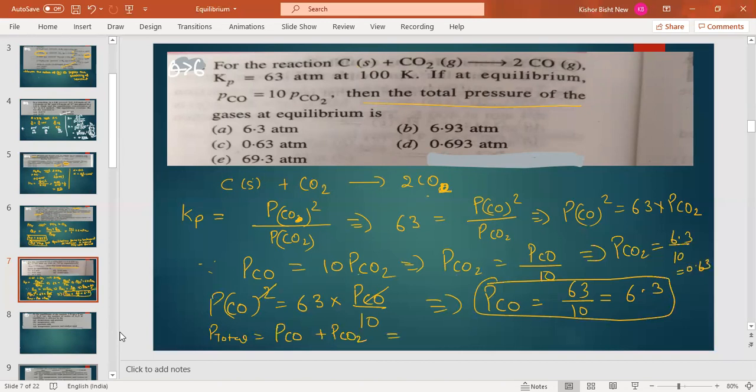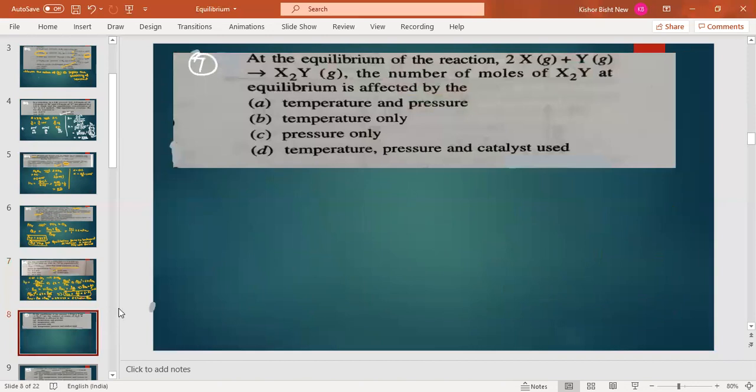So the total is 6.3 plus 0.63, which is 6.93 atm. Your answer B is correct. Come to the next.